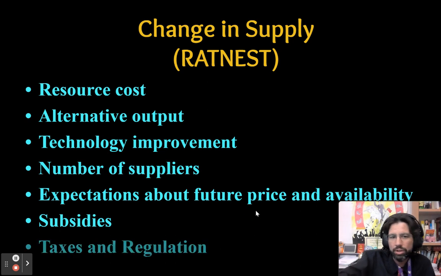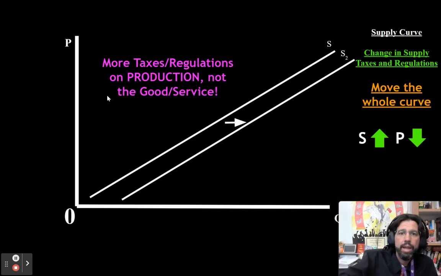So we have our last one, taxes and regulation. Now, I want you to know this taxes and regulation is not on the consumer. It's not like a sales tax, it's not like an income tax. This is actually a tax or regulation on production, on making the good or service, not the actual buying of the good or service.